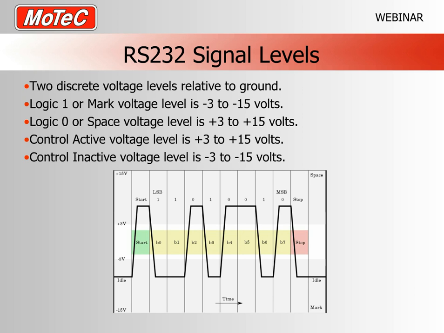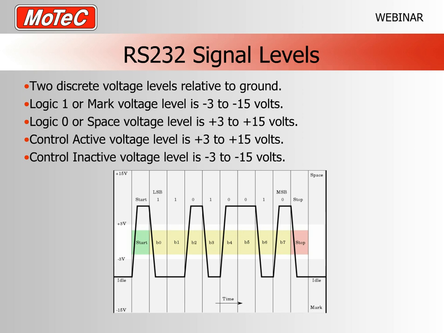Normally this voltage range is simply designed to reduce the amount of interference on the data. So a logic 1 or a mark voltage level is -3 to -15. The logic 0 or the space voltage level is a plus voltage, +3 to +15. So normally what we're seeing with data is a swing of between 6 and 30 volts for each time there is a change of logic level from 0 to 1 or vice versa.